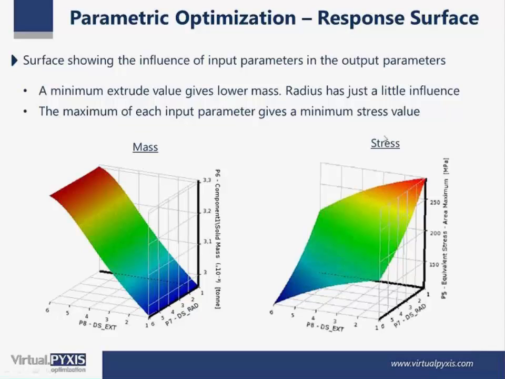So, for example, talk about stress. If you get the maximum of each parameter, this point is the maximum of extrusion, which is 6, and also the maximum of the radius in this point, again 6. So for these two combinations, you have the minimal stress.